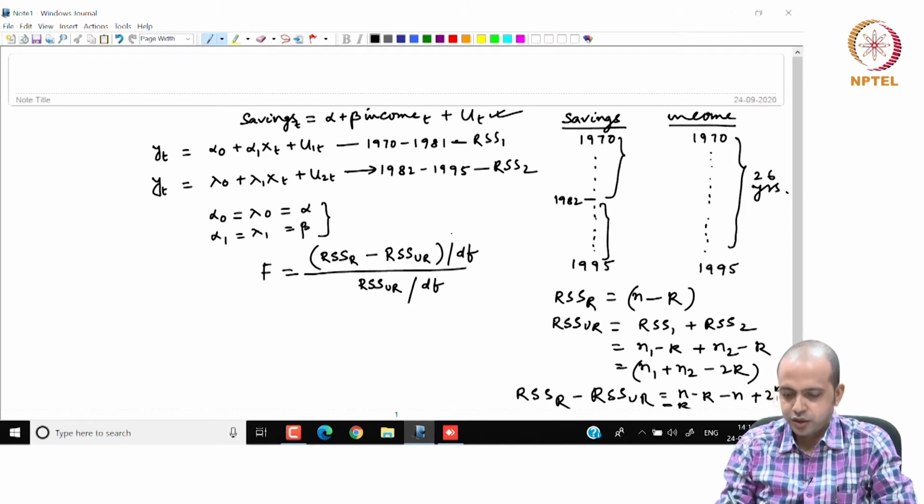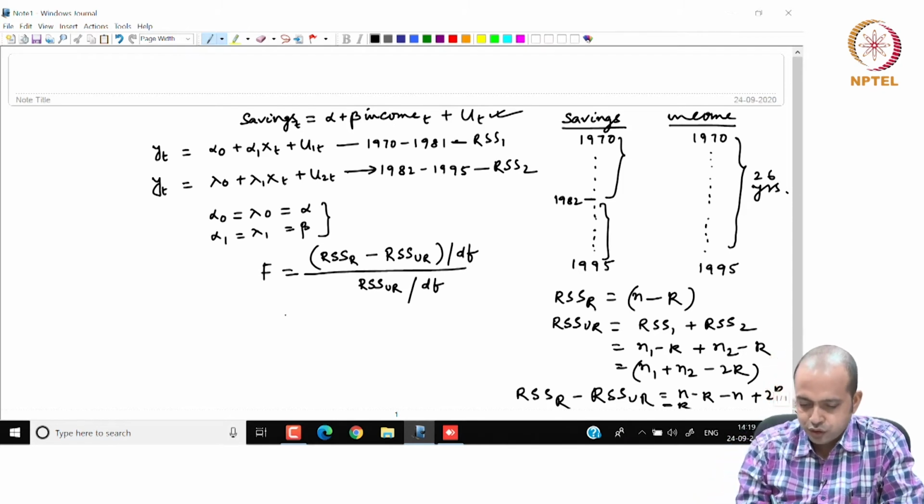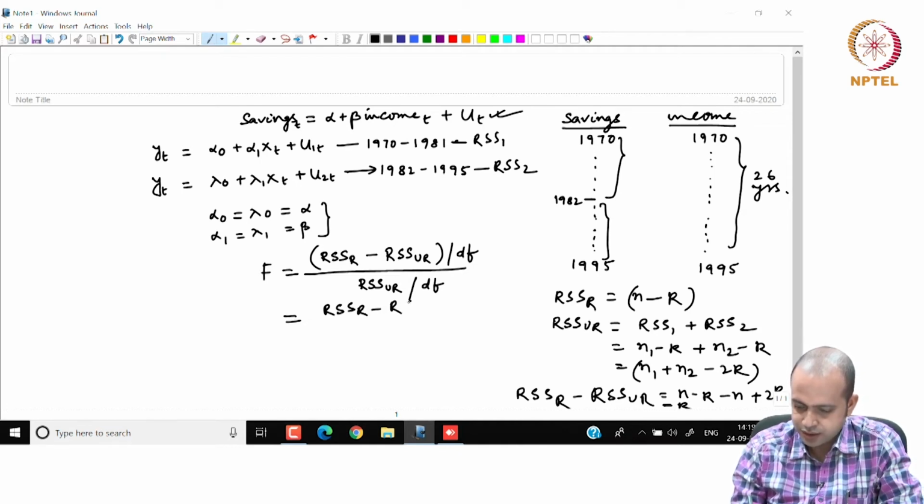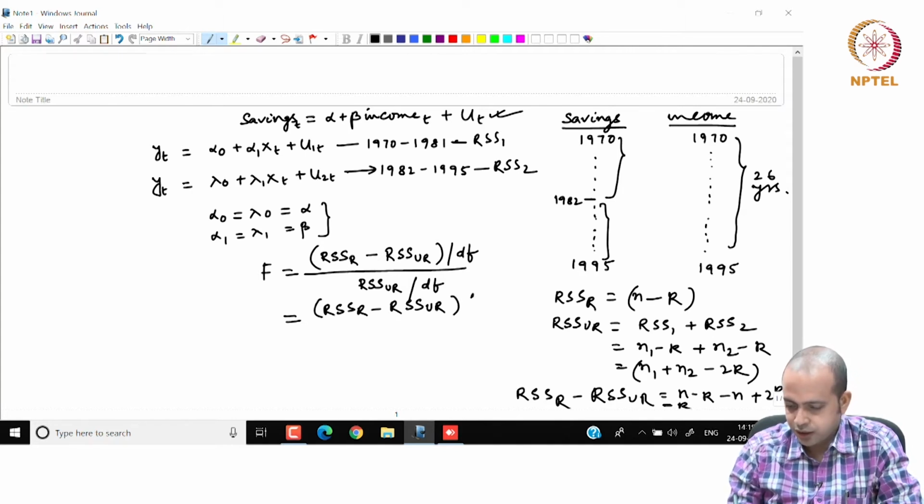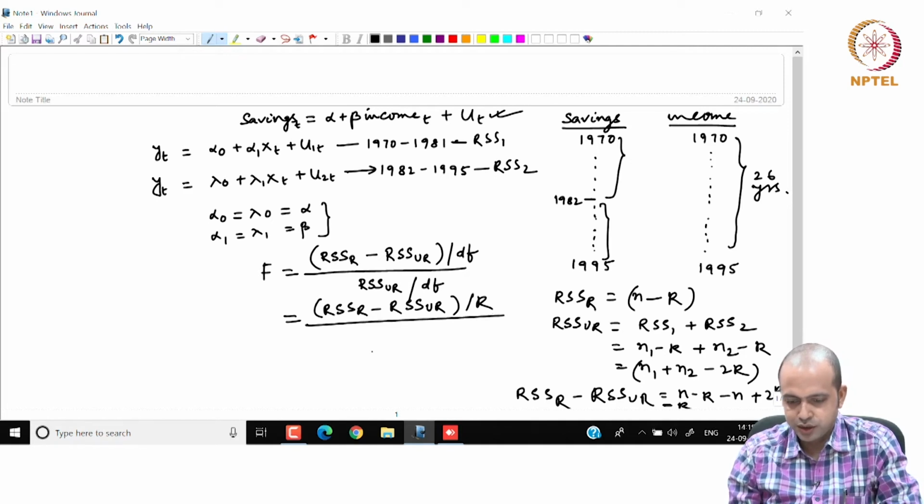That is why the degrees of freedom for the numerator would be k: RSS R minus RSS UR divided by k. And the unrestricted model denominator is RSS UR divided by n 1 minus k plus n 2 minus k.